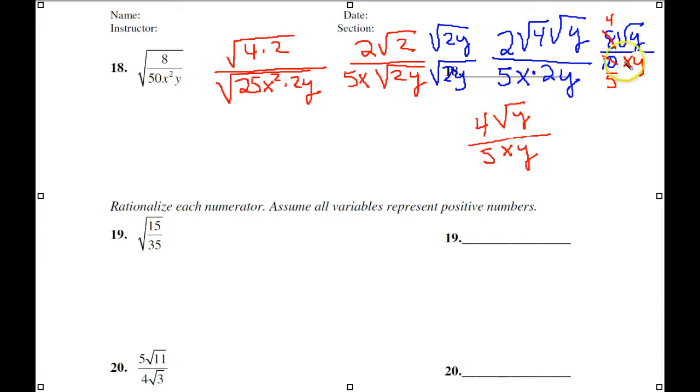And how about without the radical sign there? Yes, because here we did the rationalizing the denominator to get rid of our radical sign. So there's no radical sign there. So this is the answer. I apologize for that. Got carried away.